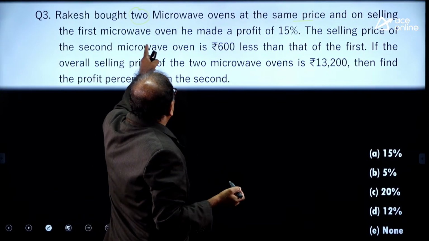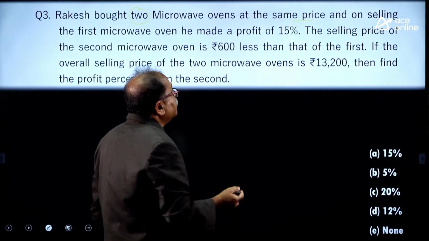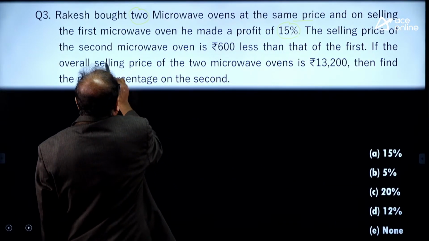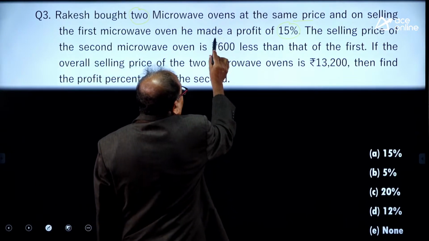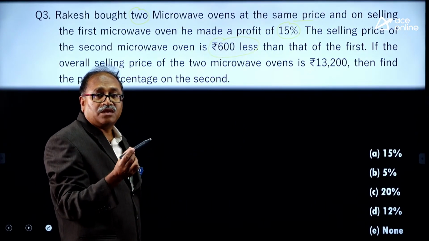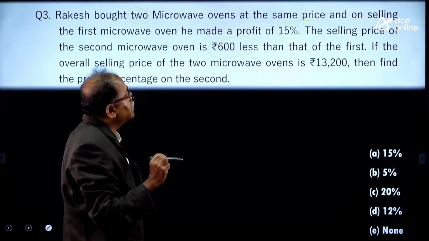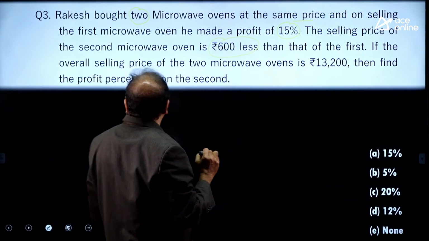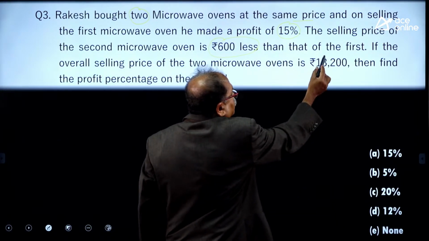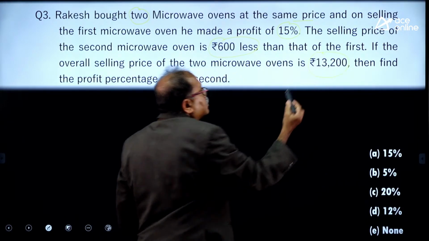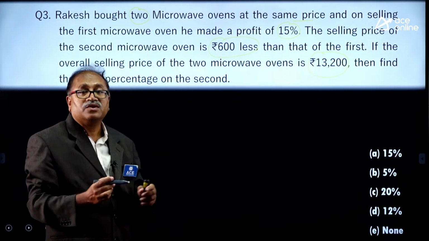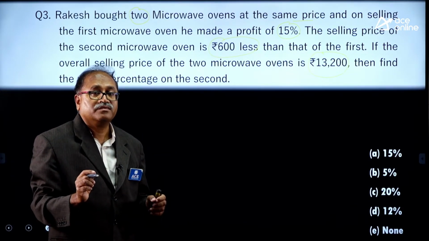On selling the first one, he made a profit of 15%, and the selling price of the second microwave oven is 600 less than that of the first one. If the overall selling price of the 2 microwave ovens is 13,200, then find the profit percentage on the second one.